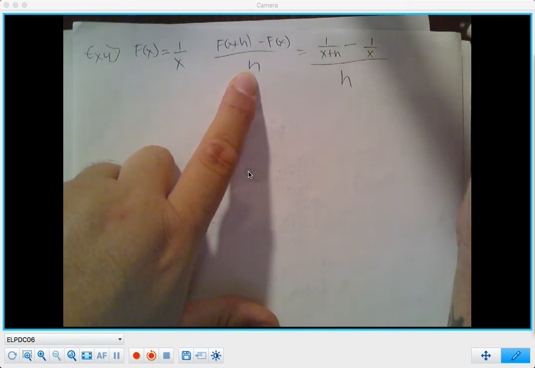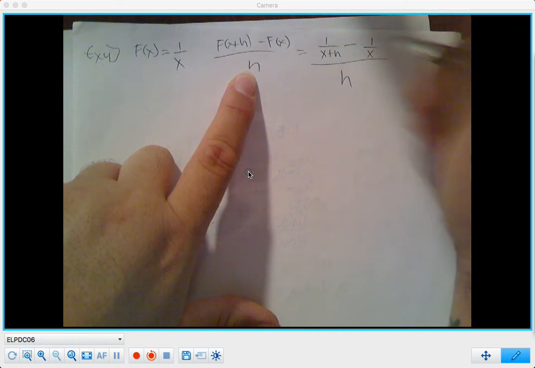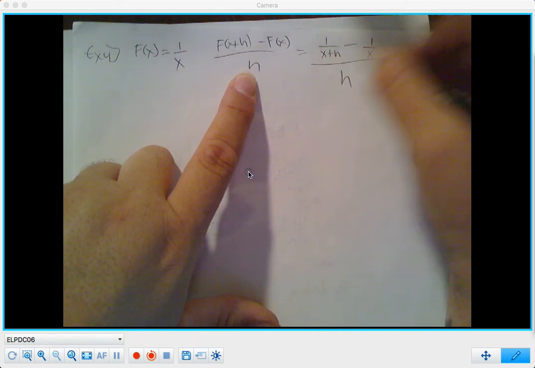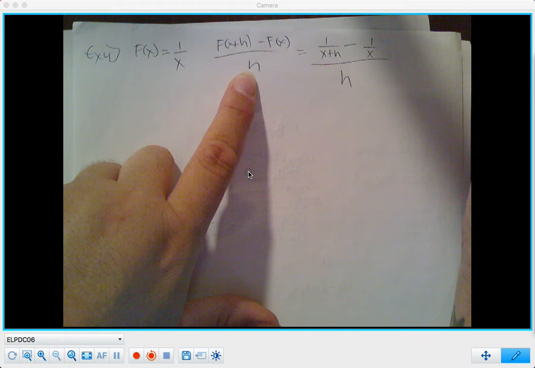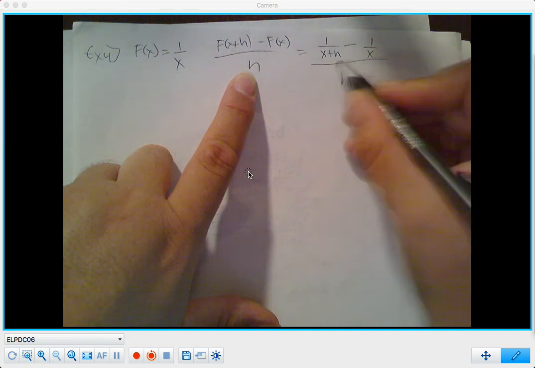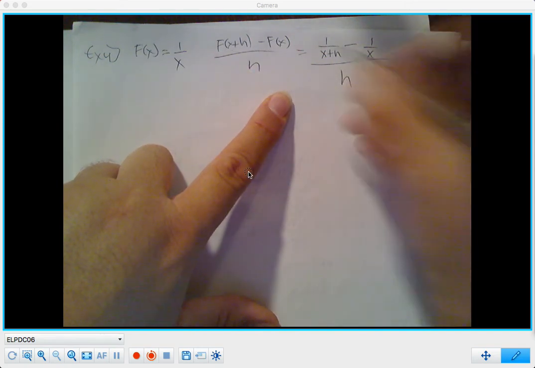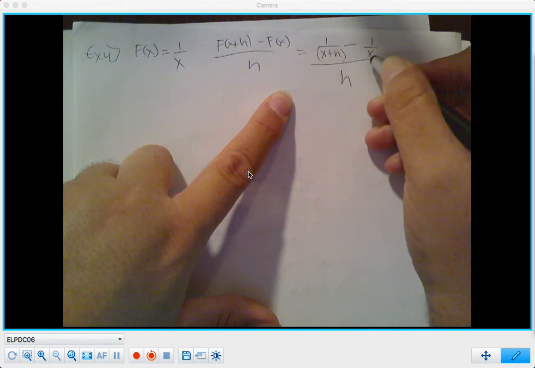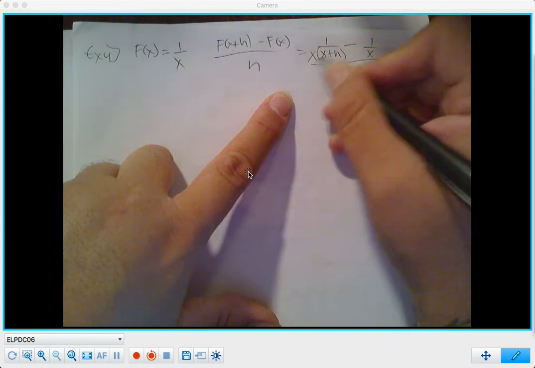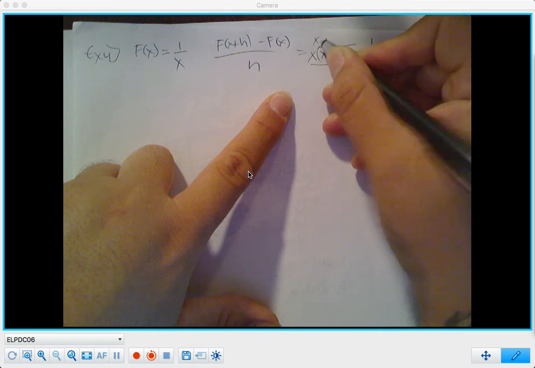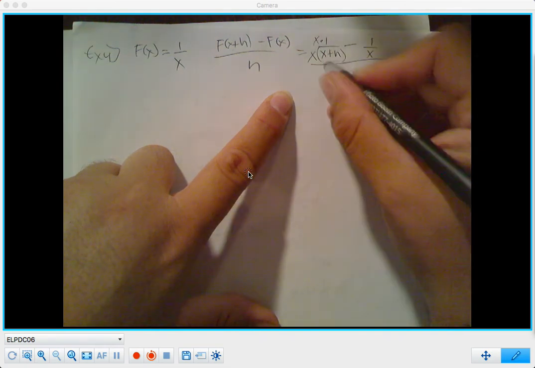Now we have to simplify this, put it together. How do we do that? To add two fractions you have to have the same denominator. So this one here needs an x. Whatever you do to the bottom, you do to the top. And this one here needs an x plus h.